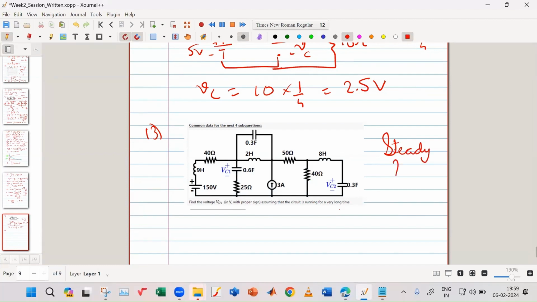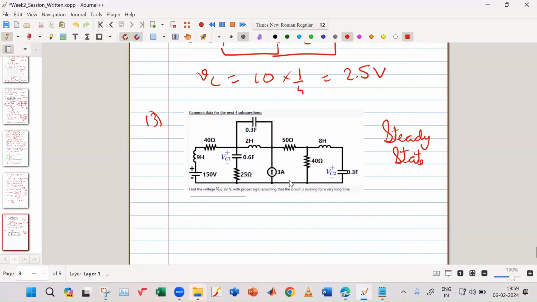Now you have to draw the effective circuit in steady state. How will the effective circuit in steady state look like? Inductors are shorted, and the capacitors are open.